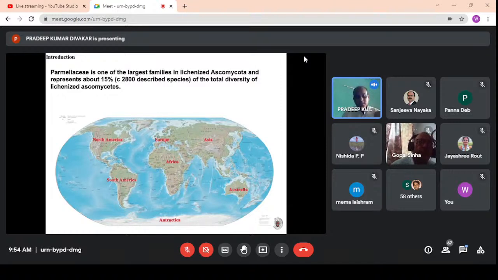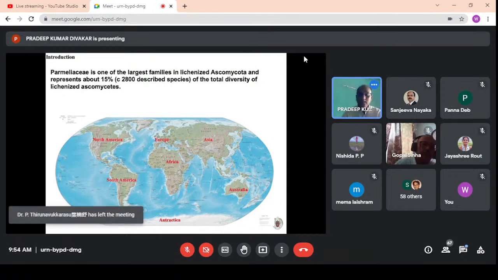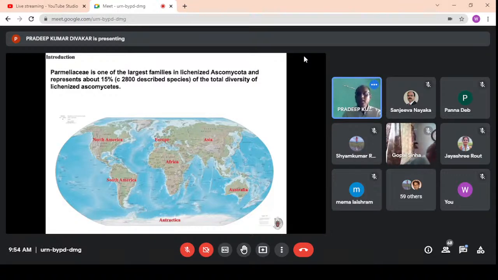It has vast morphological diversity, which allows us to answer questions about morphological plasticity, and vast chemical variation, which allows us to learn about chemical evolution.